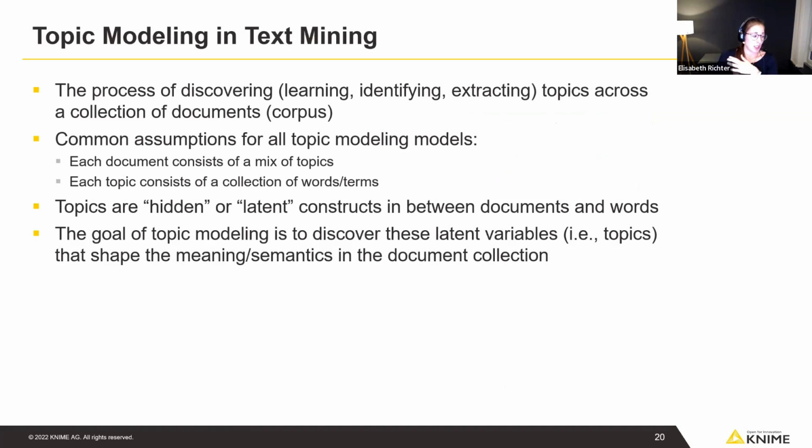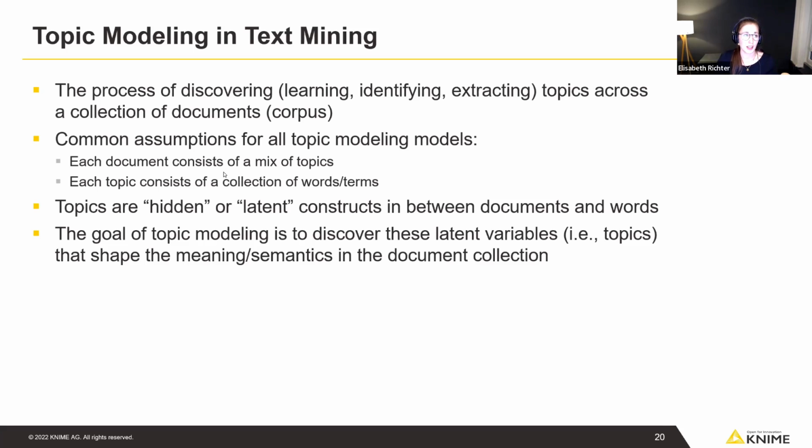So now the question: what is topic modeling? Topic modeling is a process to discover topics in a group of documents, or what we might call a corpus. When we're looking at topic models, we basically make 2 assumptions. One assumption is that each document consists of a mix of topics.